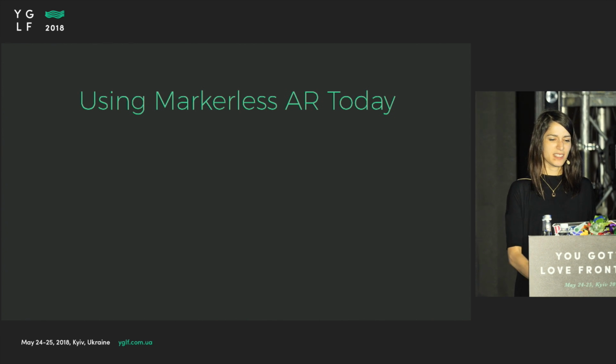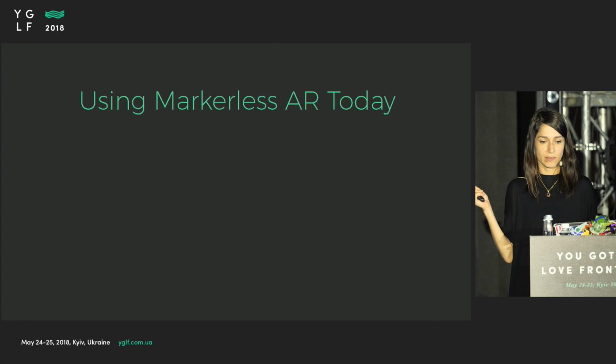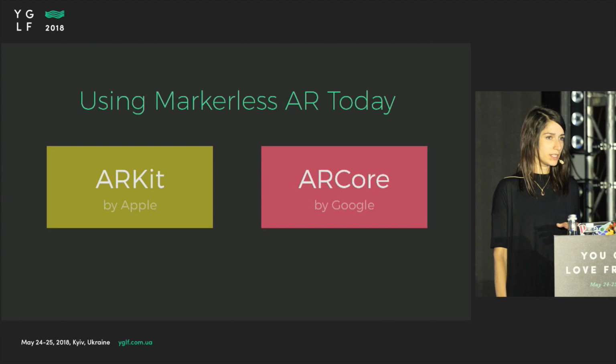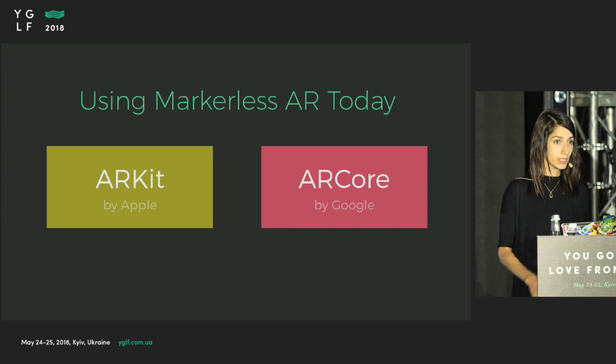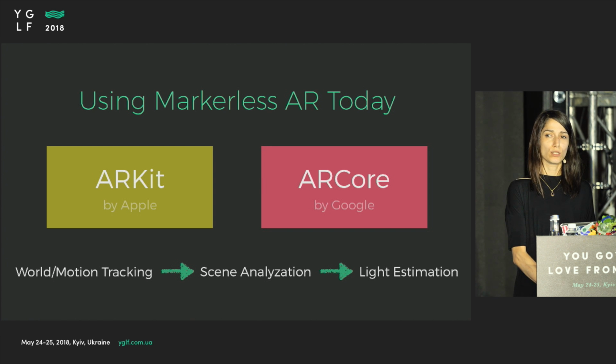But since we cannot really use these features today, there is a way to create markerless AR in the browser today. And this is by using the AR APIs from Google and Apple, ARKit and ARCore. They both mainly offer the same feature set.